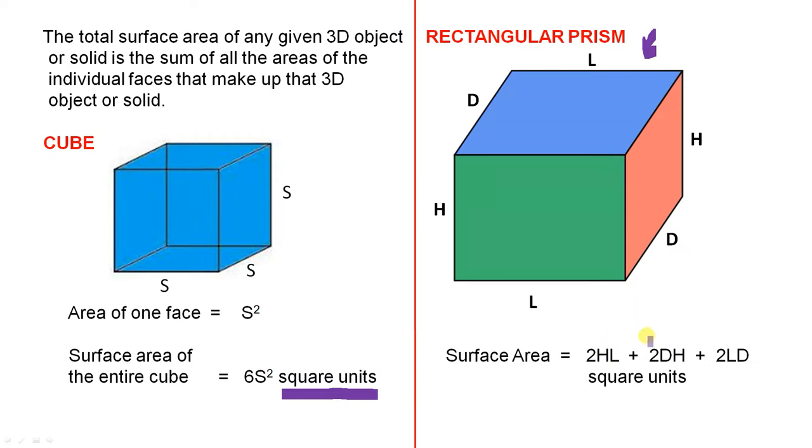We have plus 2DH, so that's DH here, and also the side there that we can't see, so that gives us 2DH, and 2LD, that'll be the top side here, and the one underneath, the base. So we add those together, and that gives us the surface area, and we're talking about square units.